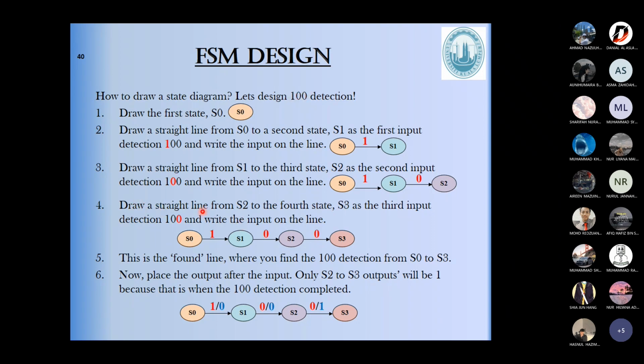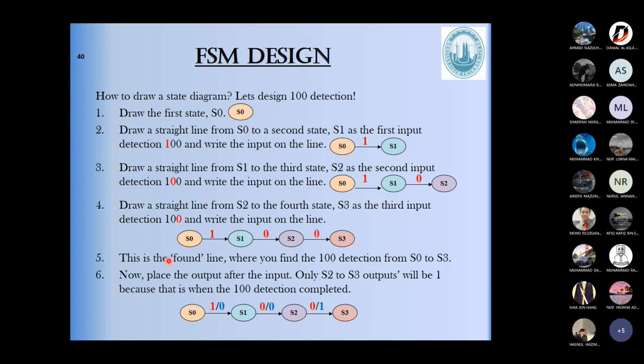And then draw another straight line from S2 to the fourth state, which is S3, as the third input detection, which is the last 0 here, and write down the input on the line. So it's 1, 0, 0. So this straight line from state 0 to state 1, state 1 to state 2, and state 2 to state 3 is the line where you found the detection. Kita jumpa apa yang kita nak detect, 100.